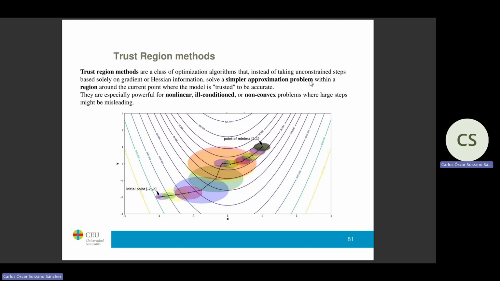So what you do is you start from your initial point, you construct a model around it, so kind of a parabola around it. So you construct a quadratic function, and then you evaluate the quadratic function as many times as you like. And that is very cheap.